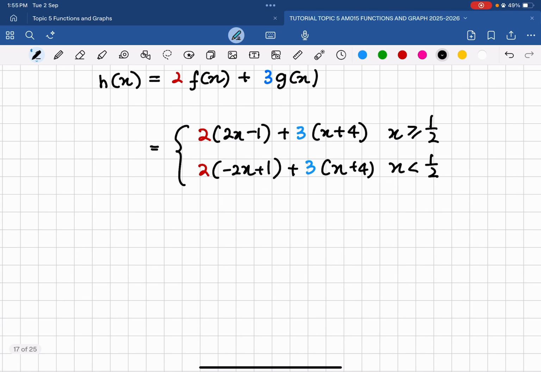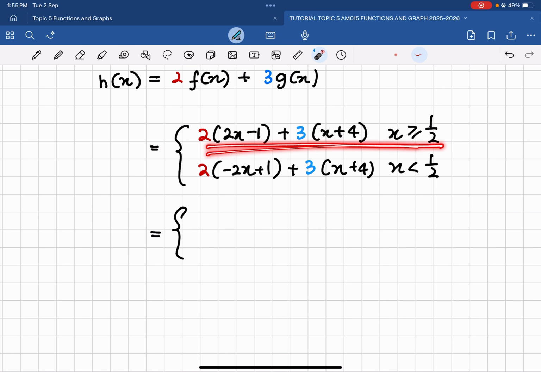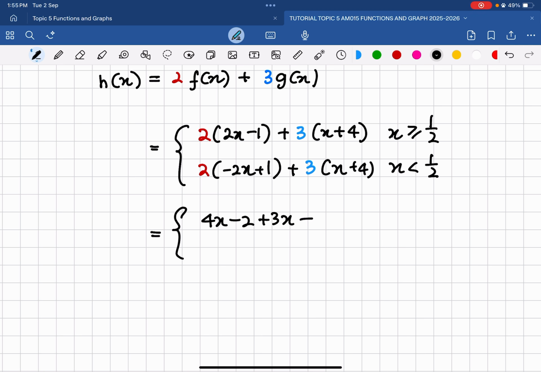So simplify. Let us expand this, the first line first. 2 times 2x is 4x. Negative 1 times 2 is negative 2. 3 times x is 3x, plus 3 times 4 is 12, for x greater than or equal to 1 over 2.